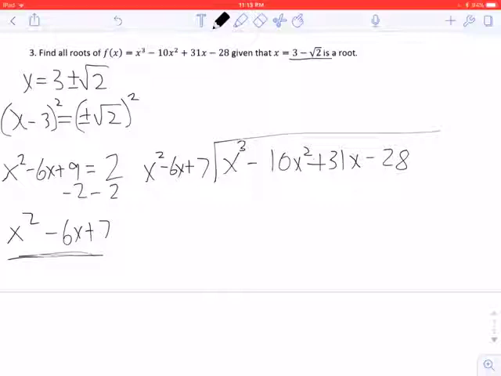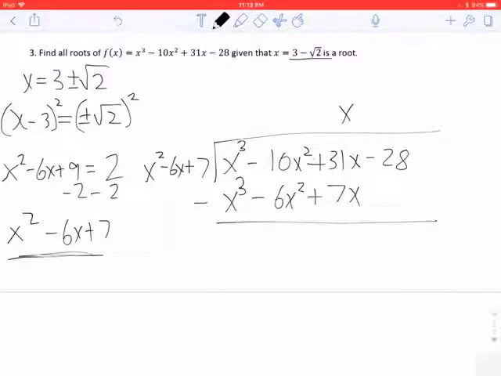So x squared goes into x cubed a total of x times, and we're left with x cubed minus 6x squared plus 7x.